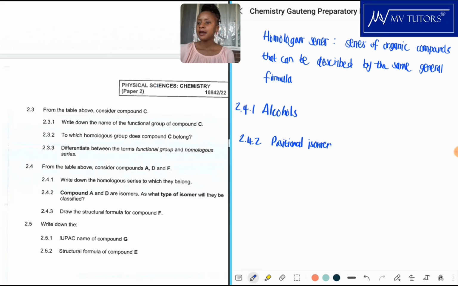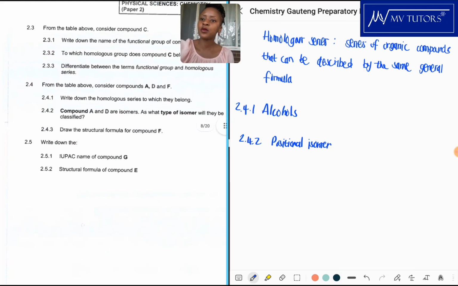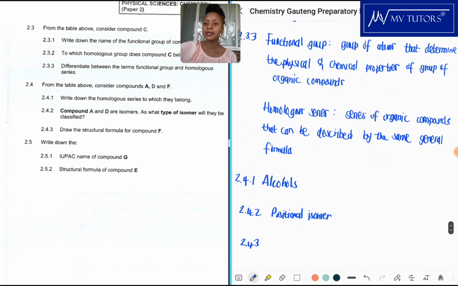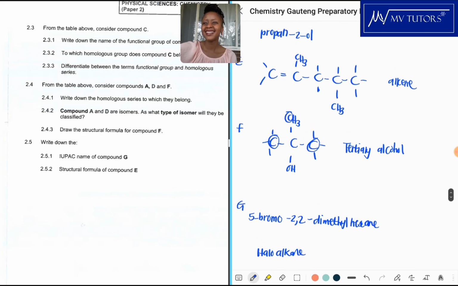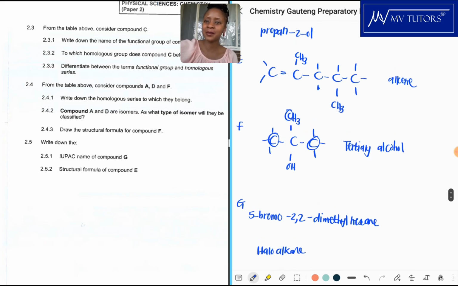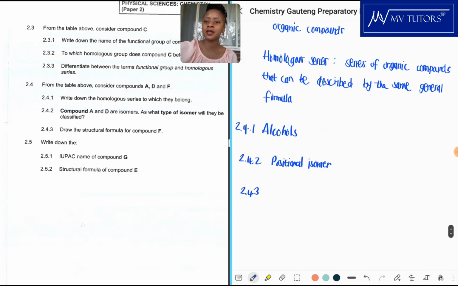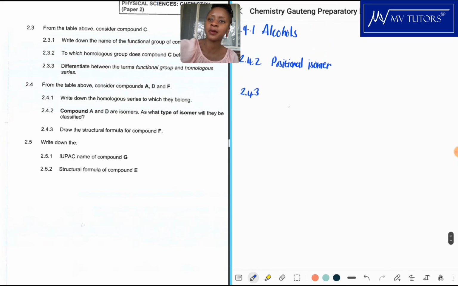Okay, and then 2.4.3. Draw the structural formula of compound F. I did draw it. Okay, but let us just make it a little bit more elaborate. So we had 3 carbon atoms, right? And in the second carbon, we had the OH group. Remember OH, we don't put it together.